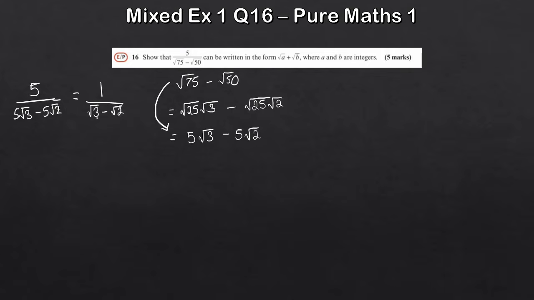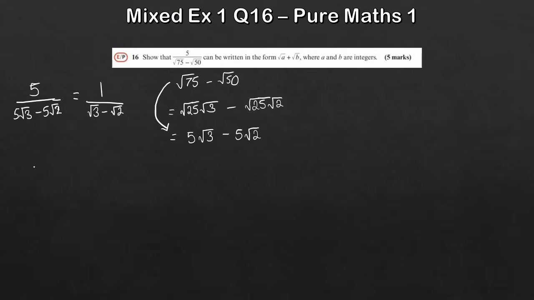Okay? And this is just easier to work with at this point now. It's going to make life much easier. And in maths, that's always the key idea. We want to make life as simple as possible. Now at this point here, we've got square roots in the denominator. So we need to rationalise. So whenever you see surds in the denominator, always think about rationalising. So again, I'm going to times through by the conjugate here.